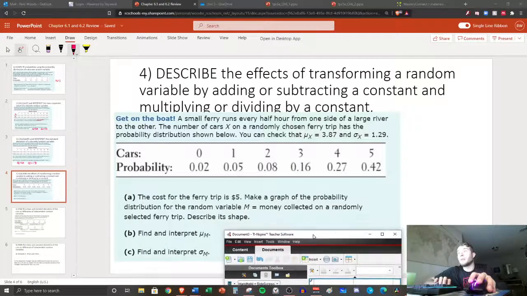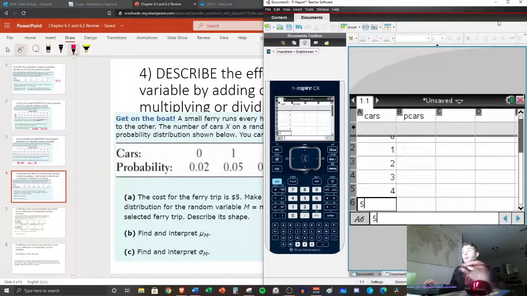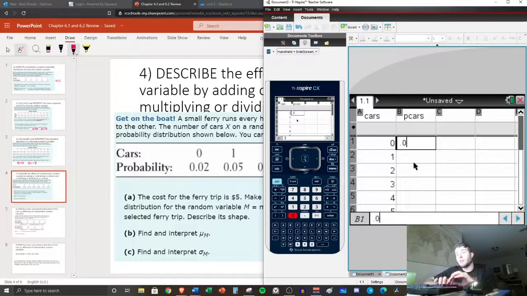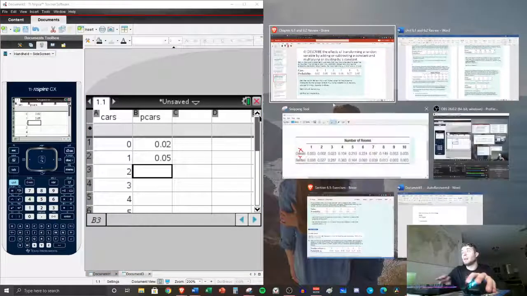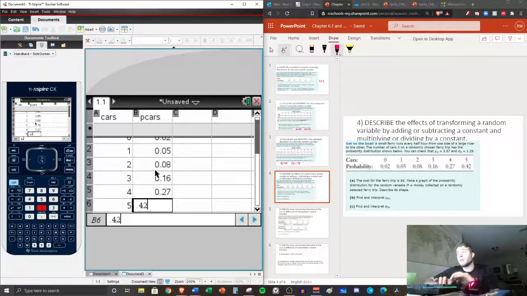So that's the different amount of cars that you could find on there. And then we want the probability for each car. So we say 0.02, 0.05. Let me go to the other side now. We want 0.08, 0.16, 0.27, and 0.42. So those are all of our probabilities.